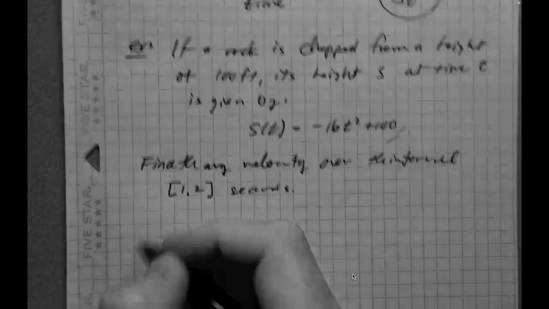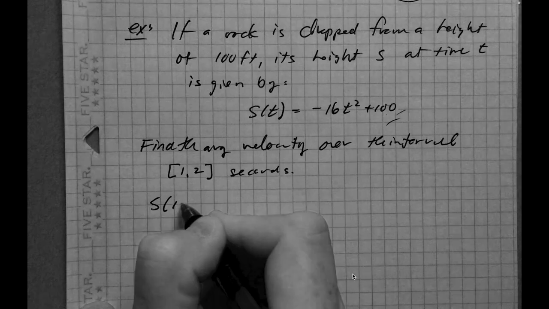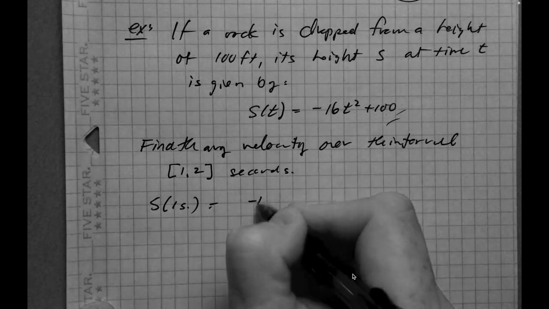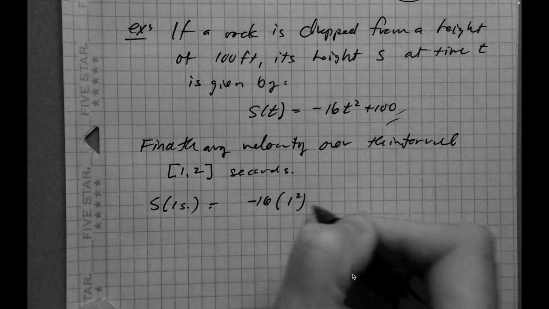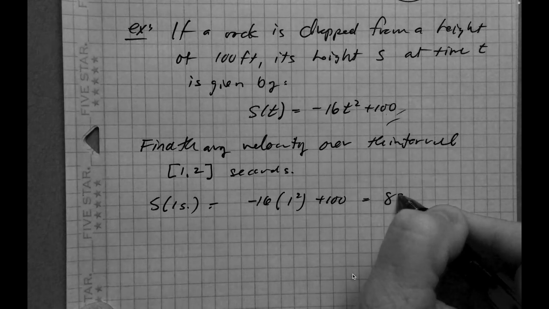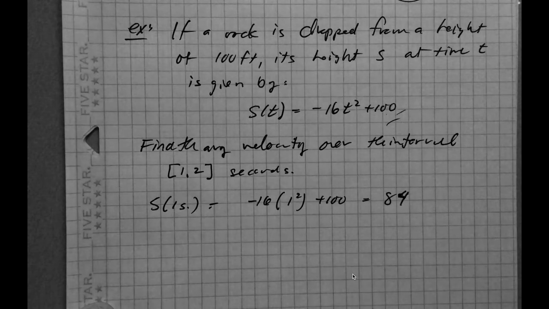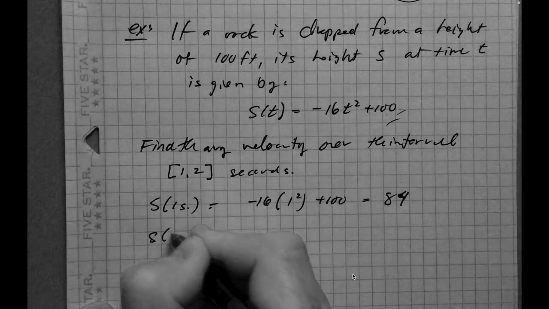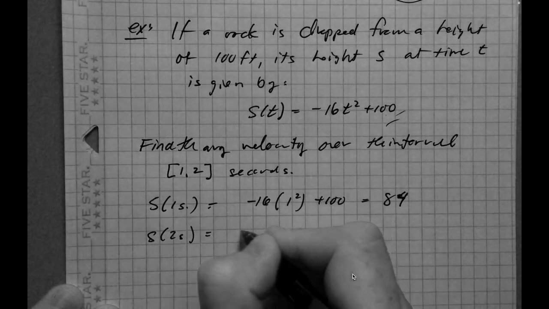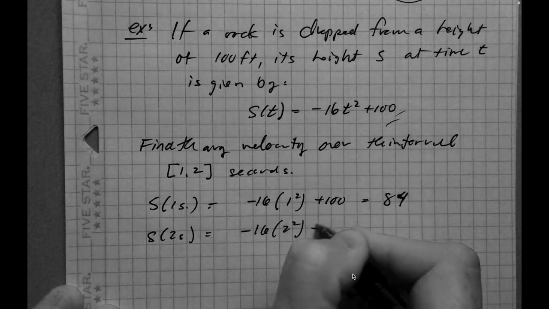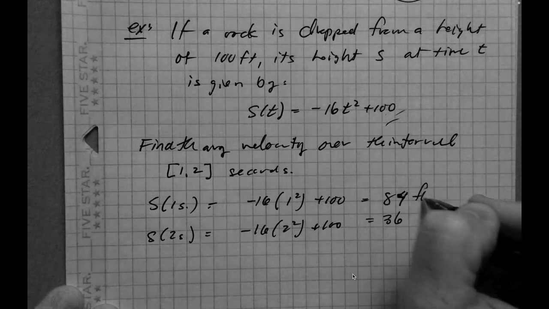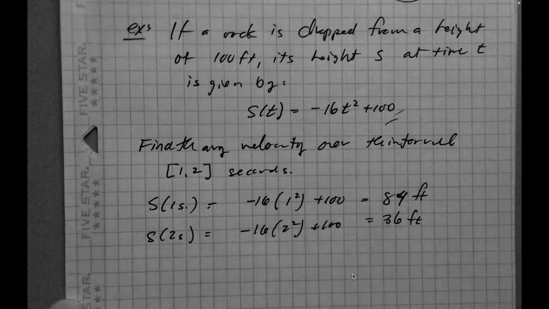We can just plug in. s of 1 second is negative 16 times 1 squared plus 100, so the rock is now 84 feet off the ground. s of 2 seconds is negative 16 times 2 squared plus 100, and you plug all that in, you get 36 feet. These are feet. This tells you how high it is after 1 second and after 2 seconds.